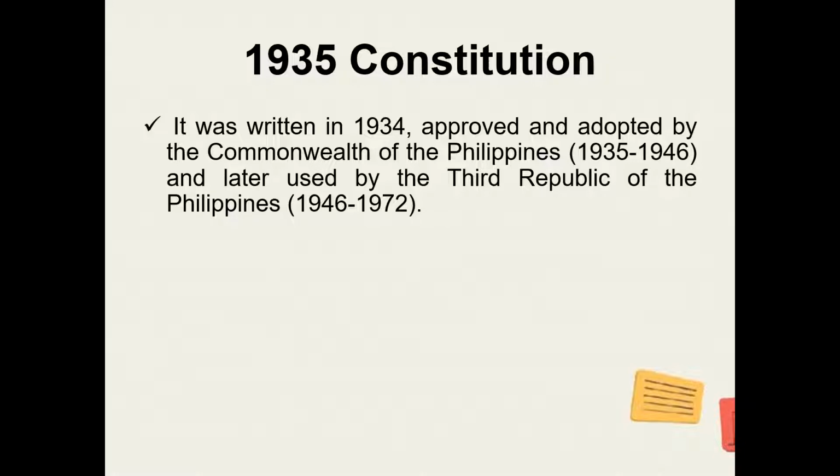As we all know, most of the colonies of Spain were in Latin America, these so-called Latin countries like Mexico, Puerto Rico, okay, Cuba, okay. They were colonies of the Spanish government.